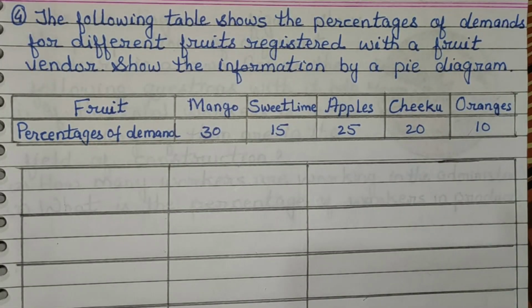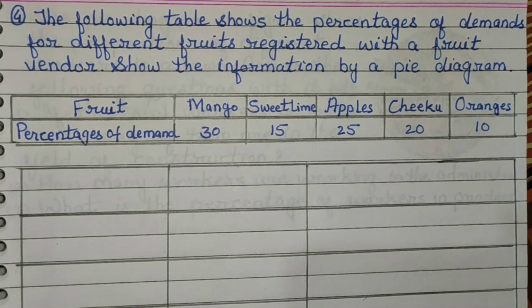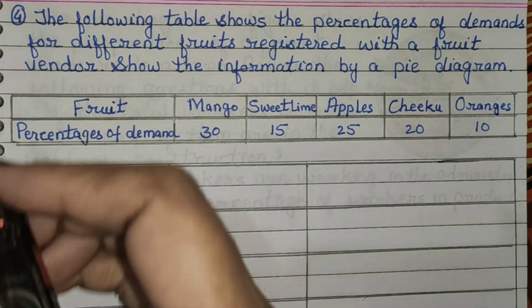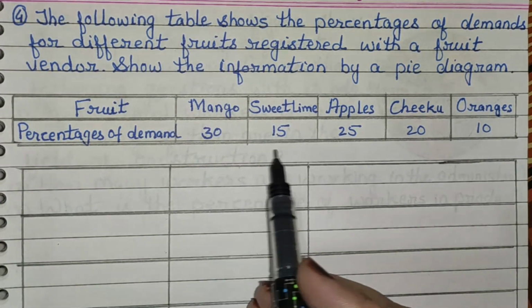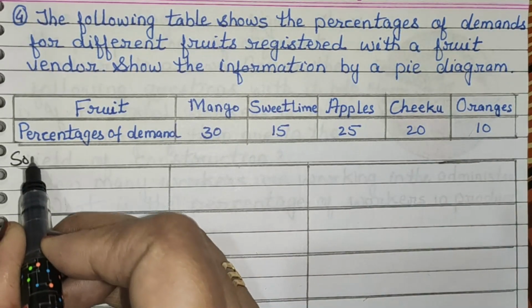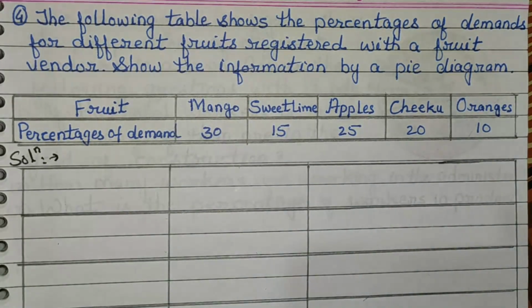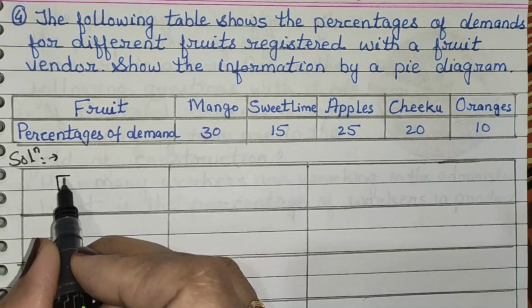Now the next question is, the following table shows the percentages of demands for different fruits registered with a fruit vendor. Show the information by a pie diagram. Here fruit are given and percentage of demand. Write down the solution. First, prepare a table of fruit.